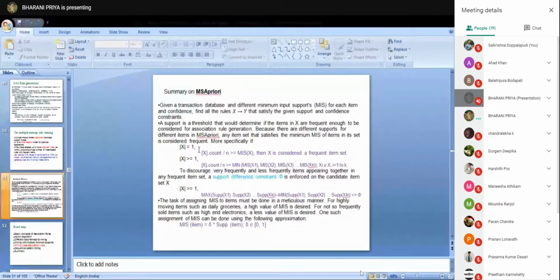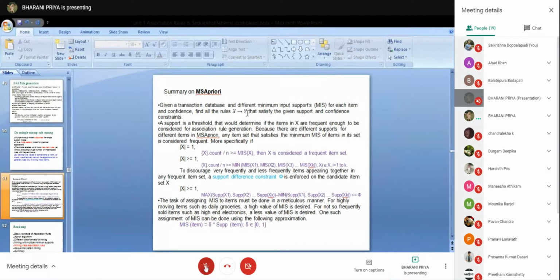In the rule X associates Y, X is called the condition, and Y is called, which I have repeated many times, the consequent.